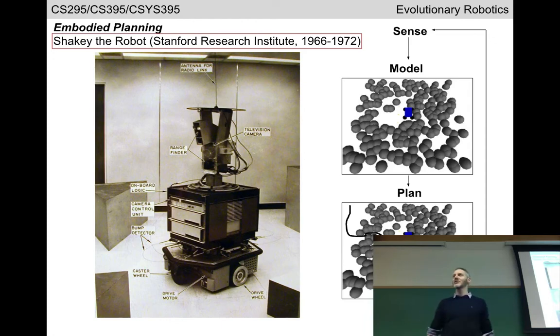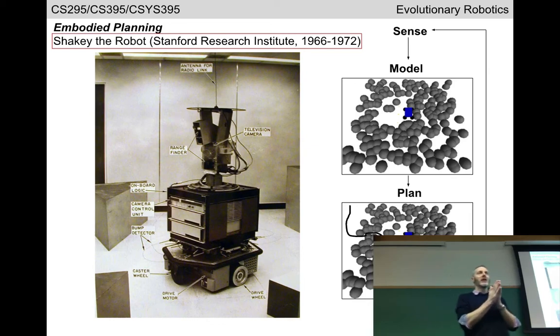Shakey had some other sort of modeling software, but it would basically create a virtual world on board. Again, pretty amazing for this time. So it had a model, this internal representation of the world. Inside that model, it would then plan an escape route. So how is it going to get out of the room? It wouldn't execute that entire black trajectory there.